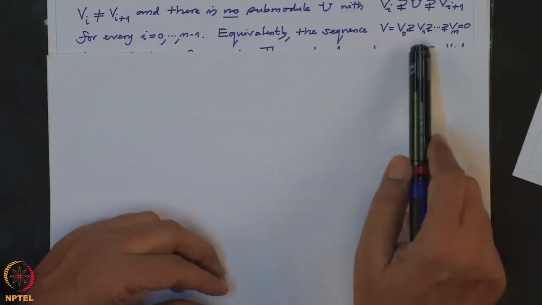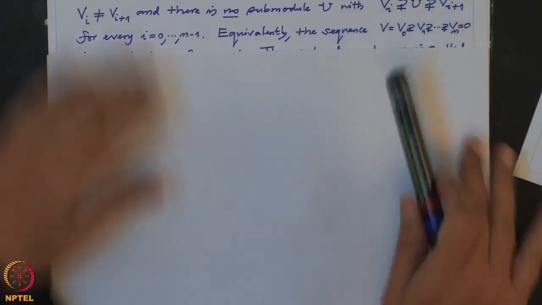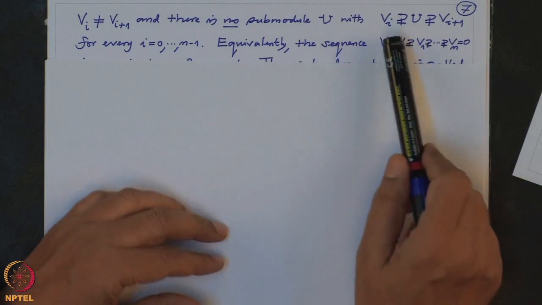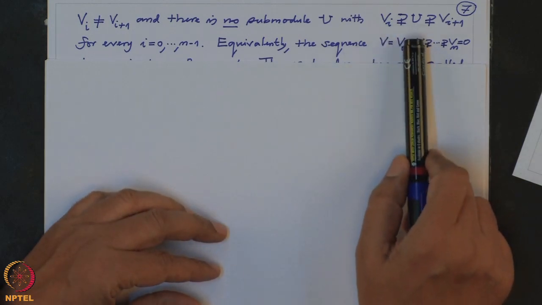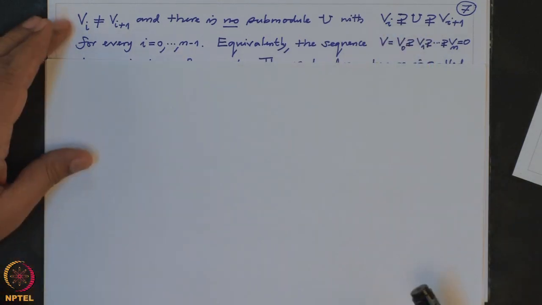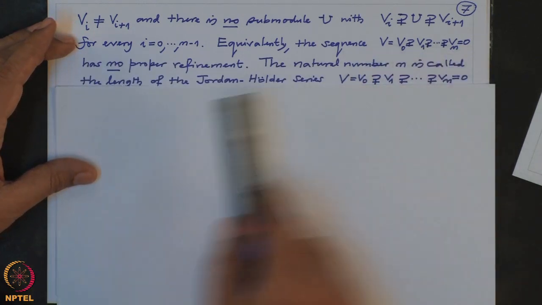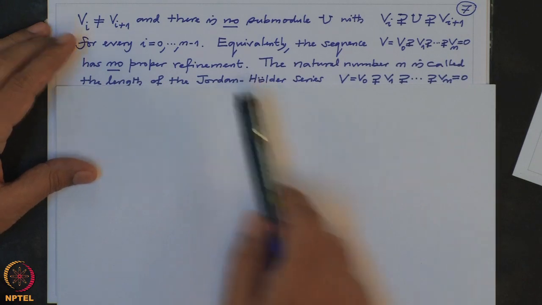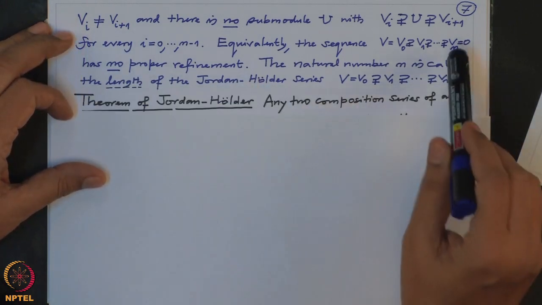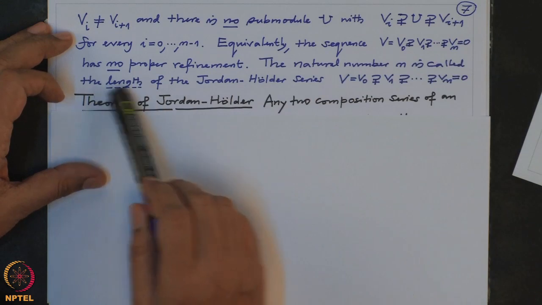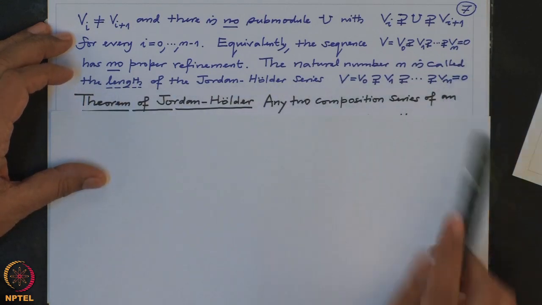So, the composition series or Jordan-Holder series means that between any two terms we cannot insert any proper submodule, for every i. Equivalently, the given decreasing sequence of submodules has no proper refinement, and in this case the natural number n is called the length of the Jordan-Holder series.